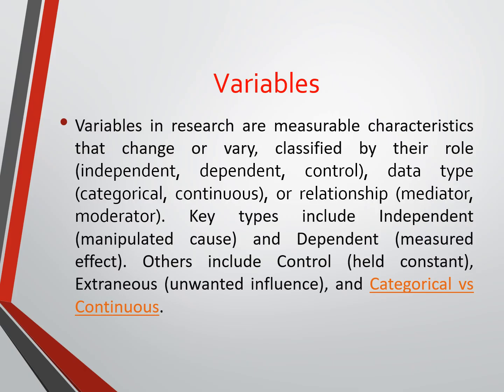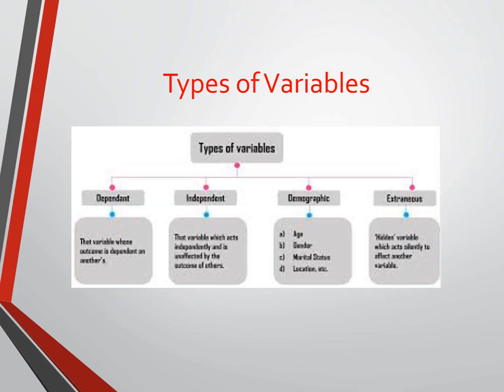Now we can say at this moment that data variable types are being bifurcated into dependent, I already explained, independent, I have already explained, and demographic, like age, gender, marital status, location.